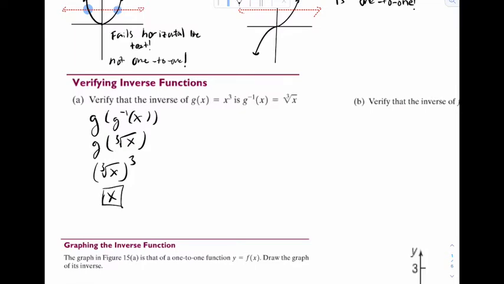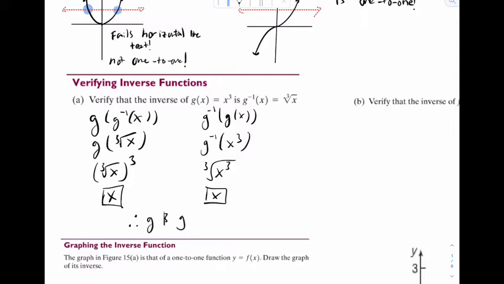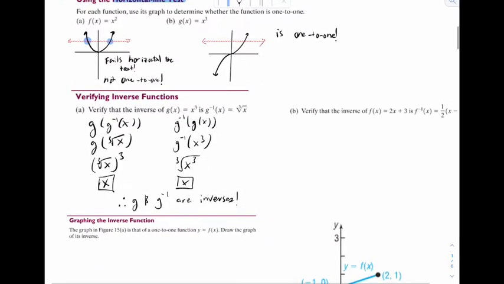And if I do g inverse of g, g is x cubed. If I do the cube root of x cubed, I do get x. So notice how working through all this, you just get back to x. At this point, we can conclude g and g inverse are in fact inverses. So that's how you prove it algebraically.